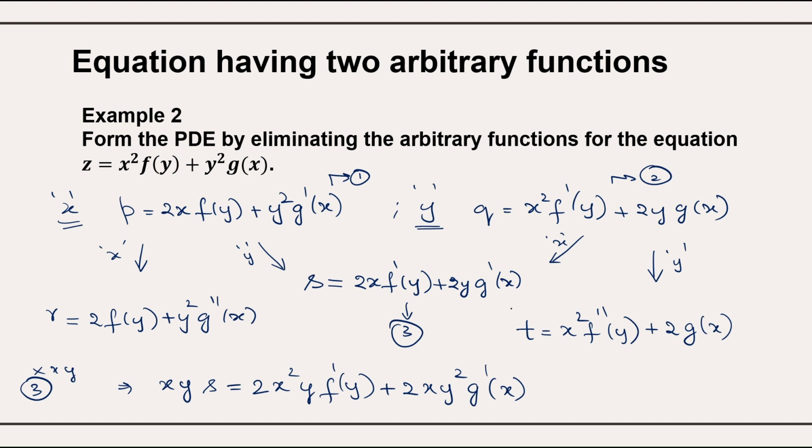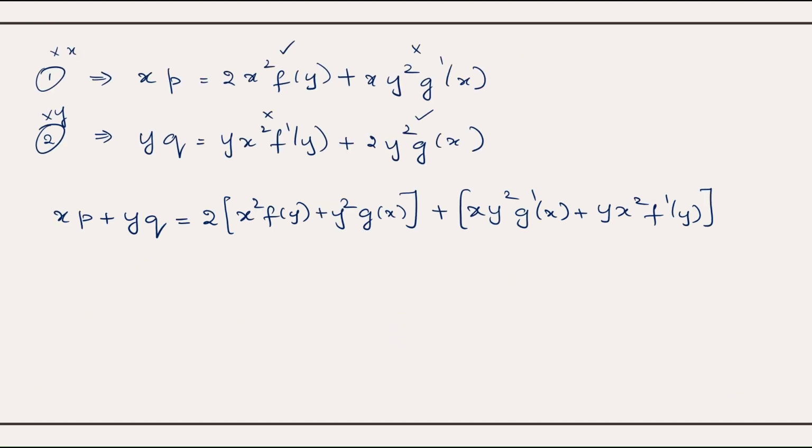Again, in the next term, taking 2 common, we can write it like this. Now this term can be replaced as xys divided by 2 in this equation.